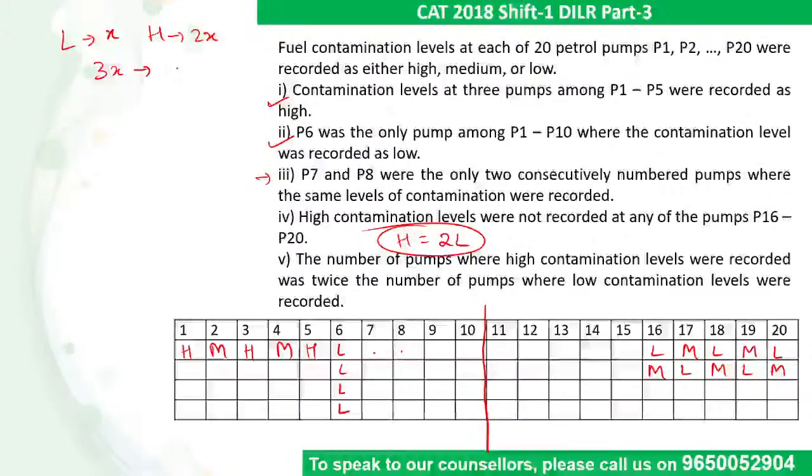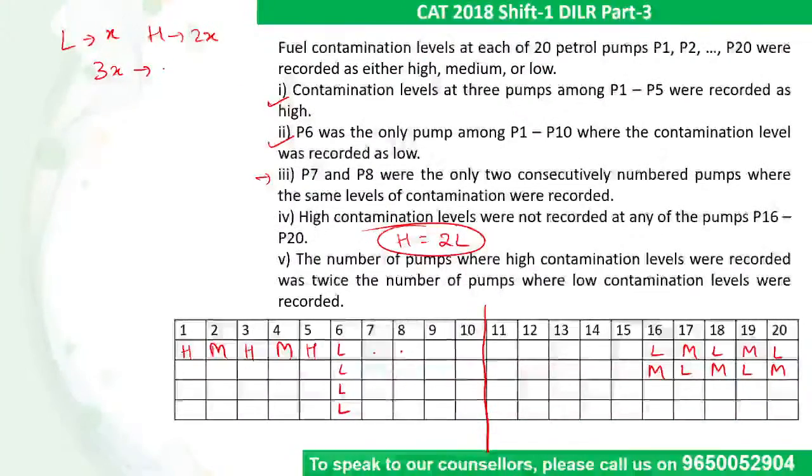Now 3x can take certain values. There are 20 pumps and you don't have consecutive numbers, so any category has to be less than 10.